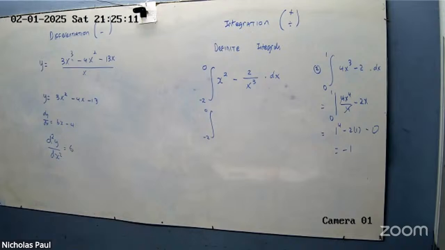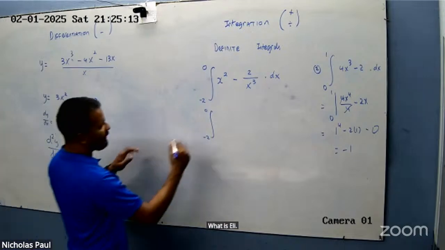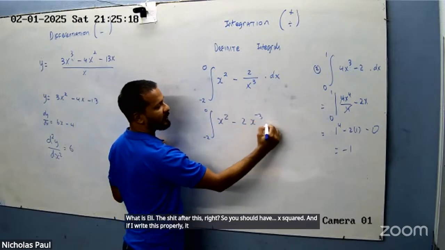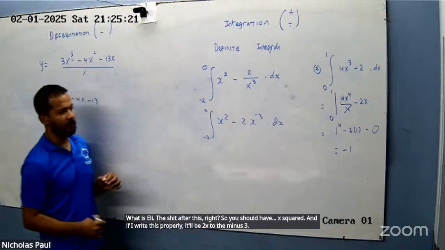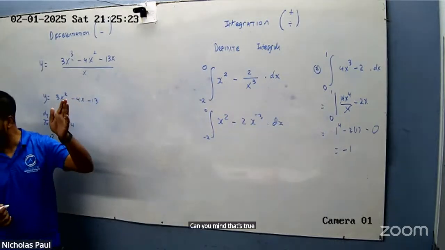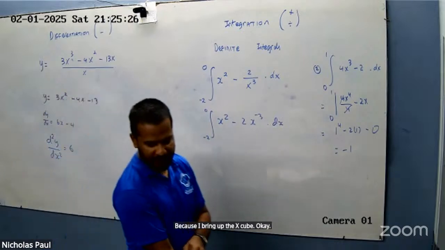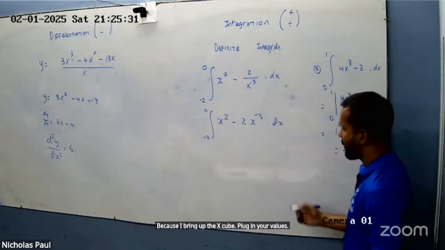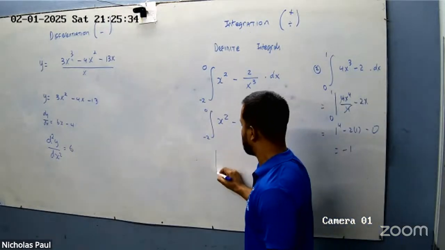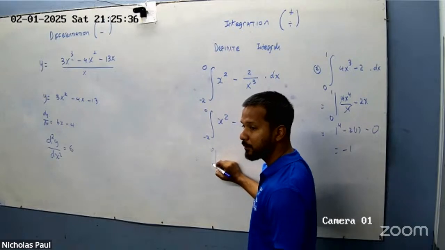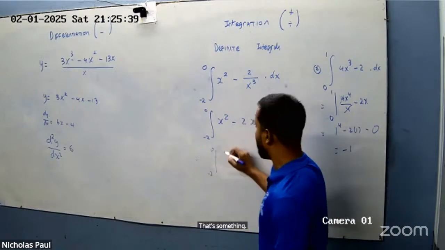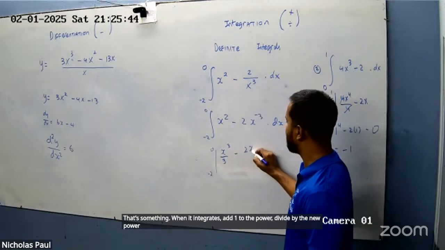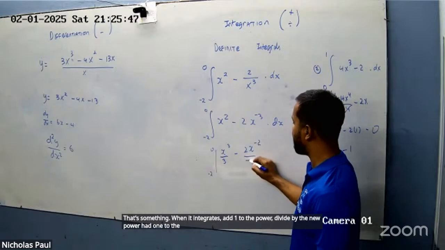Okay, plug it in. So you should have x squared over x cubed, and if you write this properly, it will be 2x to the minus 1, because I bring up the x cubed. Then you integrate it first and then plug in your values. When you integrate, add 1 to the power, divide by the new power.